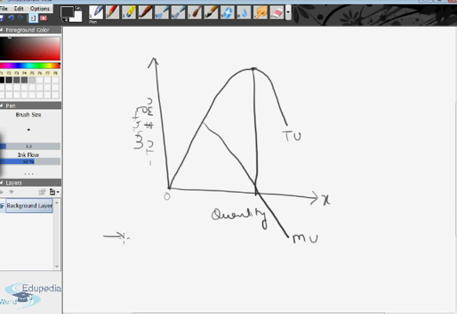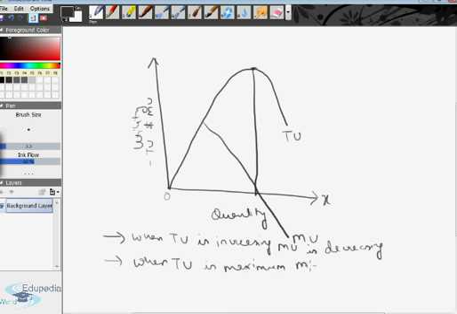Thus we can move on to three conclusions from the law of diminishing marginal utility: when TU is increasing, MU is decreasing; when TU, that is total utility, is maximum, MU is minimum; and when total utility is diminishing, marginal utility becomes negative.